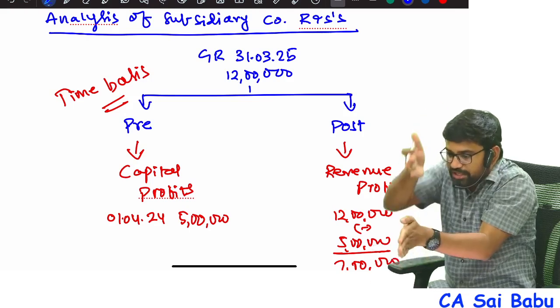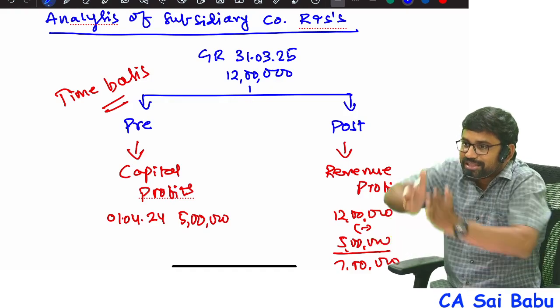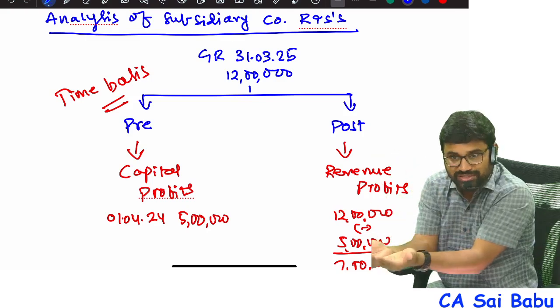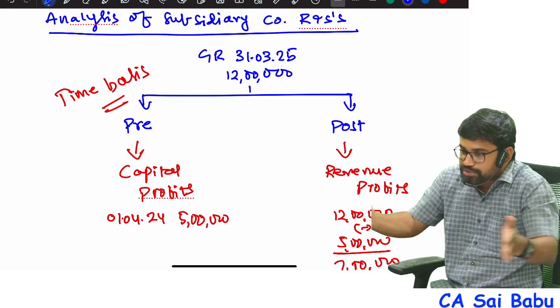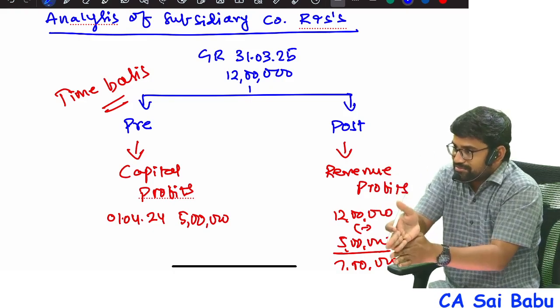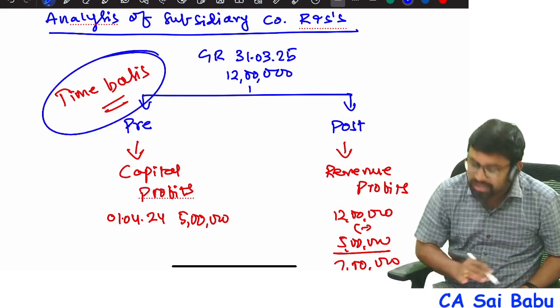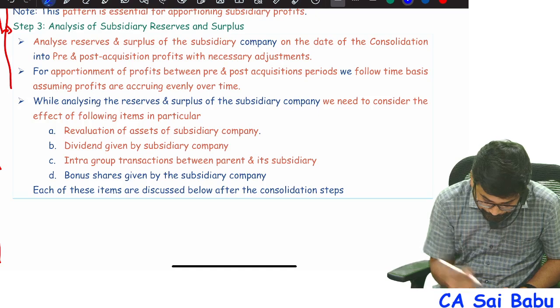Date of acquisition, on which date you are acquiring, till that date whatever the profits are there, they are all pre-acquisition profits. After that whatever the profits are there, they are post. So to determine the subsidiary company profits into pre and post, I need date of acquisition. And here the profits will be apportioned based on time. Assumption, sir, assumption. Time basis we will take.